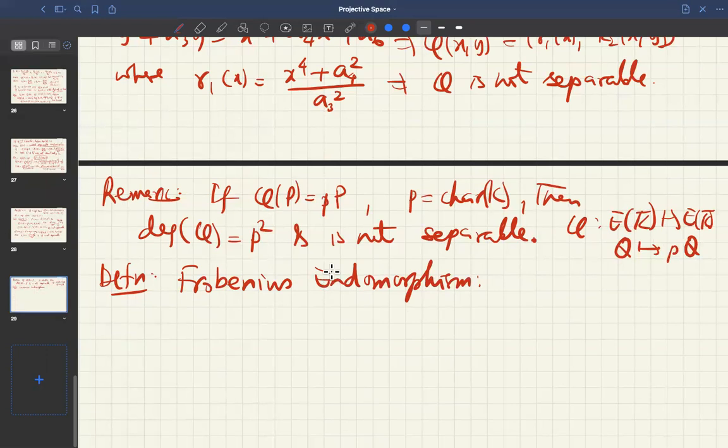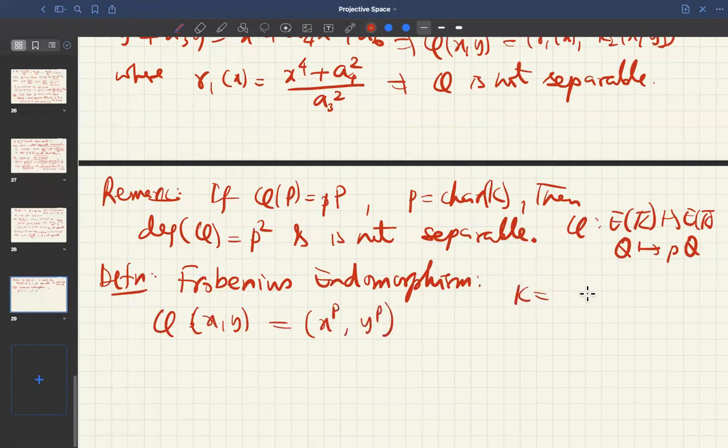You might have seen in a finite field, or a field of characteristic p, the map which takes x to x power p is called a Frobenius homomorphism. So here we want to define the map phi of (x, y) equal to (x power p, y power p).